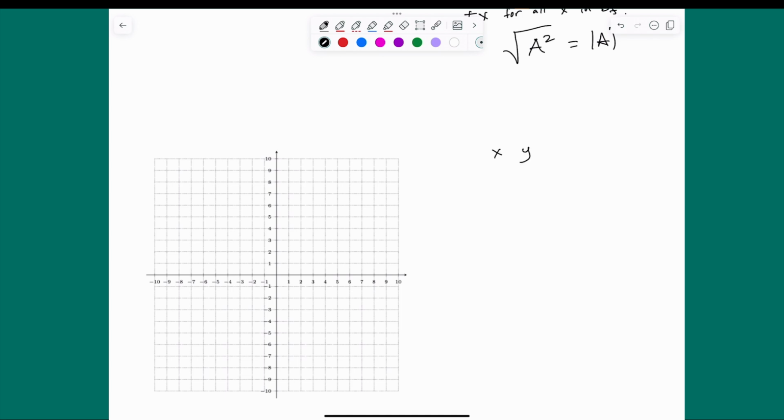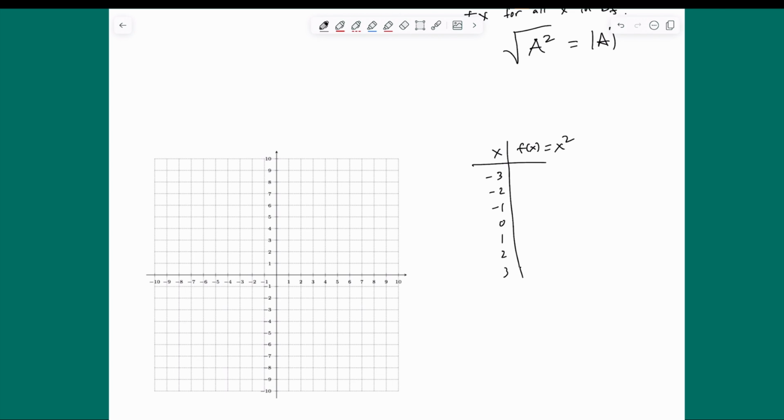If you do a quick table of inputs and outputs, so we maybe say -3, -2, -1, 0, 1, 2, and 3. In fact, we call that f of x equal to x squared. Well, f of x equal to x squared would give us 9, 4, 1, 0, 1, 4, and 9. And so if we plot these points, we would have at -3, 9, -2, 4, -1, 1, and then 0, 0, 1, 1, 2, 4, 3, 9, and connect these.